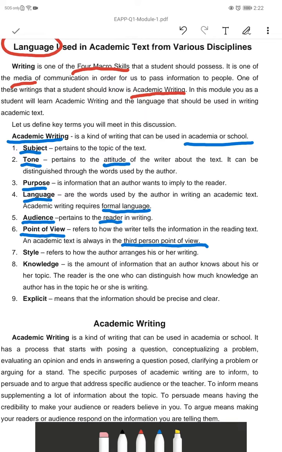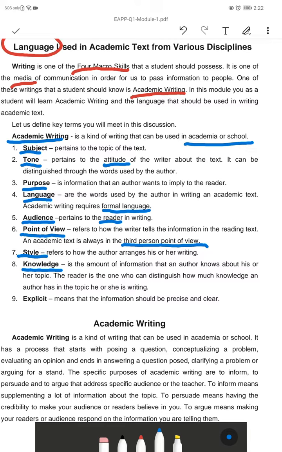Then we have style. So the style simply refers to how an author arranges his or her writing, meaning it's about technique. It's about the technique of the writer, how he or she writes. As basic as that. Okay? We know that writers have their own styles. Then we have knowledge. From the word knowledge, it's the amount of information that an author knows about his or her topic.